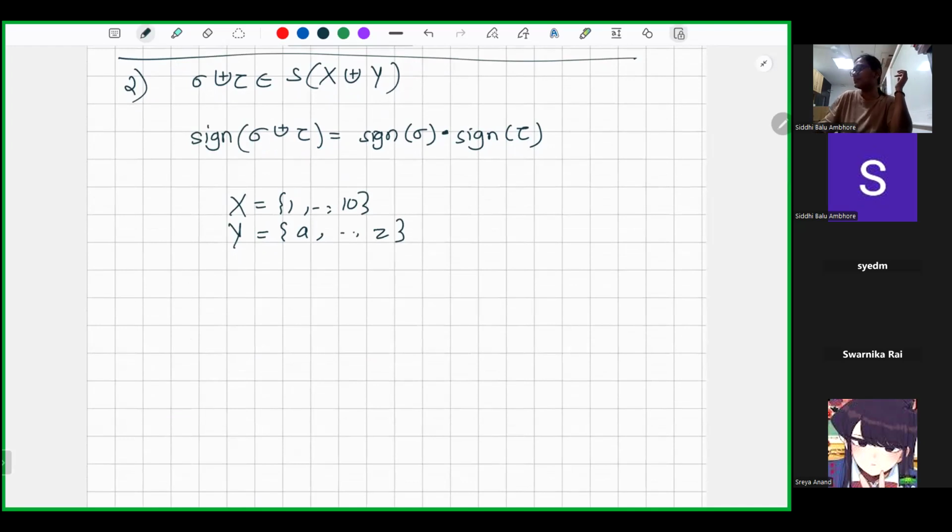The number of transpositions will just be a product, right?